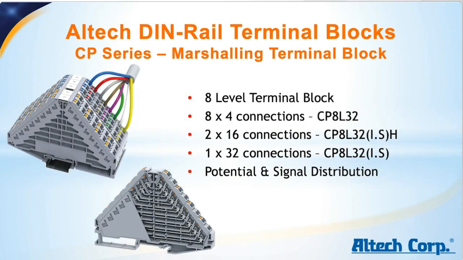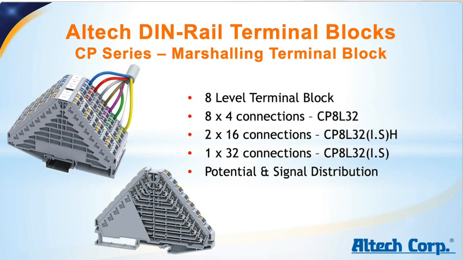The other very compact block type within the CP series, that's the 8-level marshalling block. Here you can see that on the slide. It has 32 connections, compact, built into one terminal block. It has 8 levels, with each of the levels having 4 connections, 2 on each side.